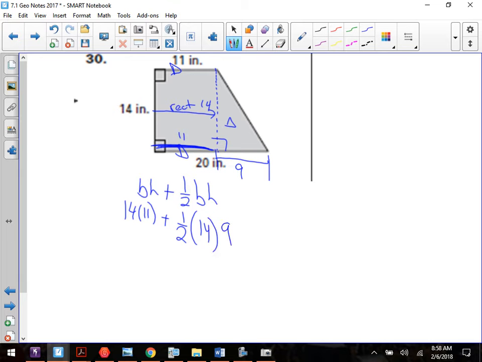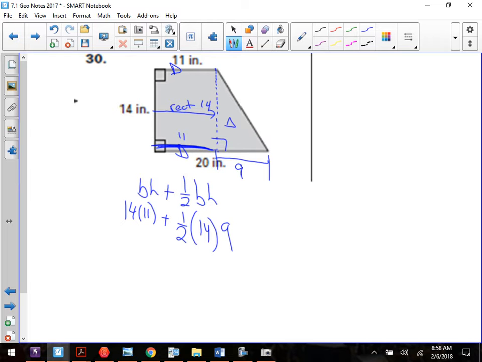A lot of times when you look at shapes, more often than not in our class, they're going to be composites of things that are very clean. They might be pretty easy to work with, especially if you forgot the formula for the upper one. Then it's just a matter of pressing a bunch of buttons on the calculator.